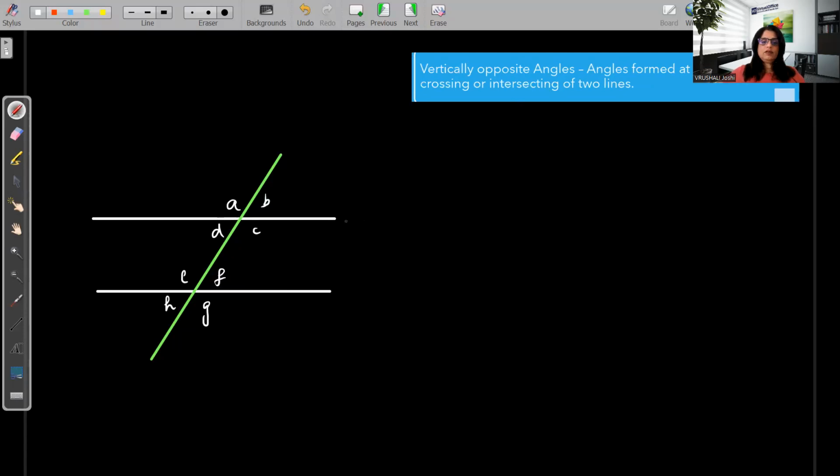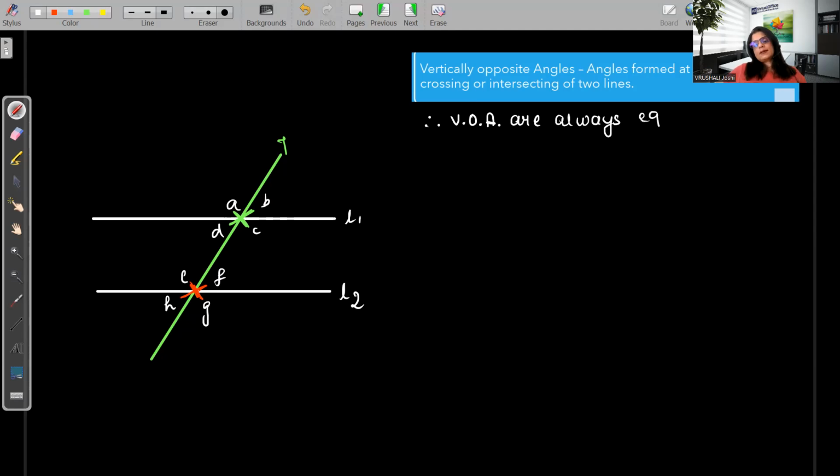For example, if this is your line 1 and this is your line 2 and the green line is your transversal, and it's crossing, then these two are vertically opposite angles. These two are vertically opposite angles, and E and G, and F and H. Can you see this? So again, the property is that vertically opposite angles are always equal.